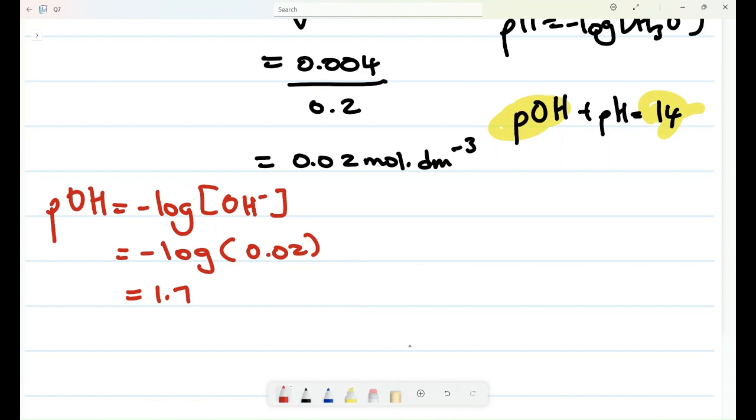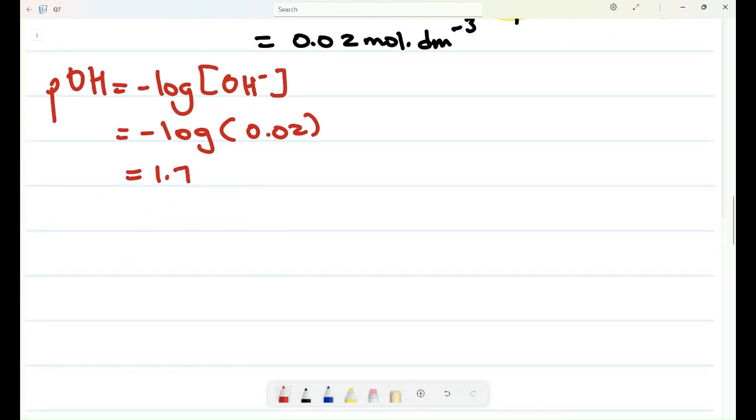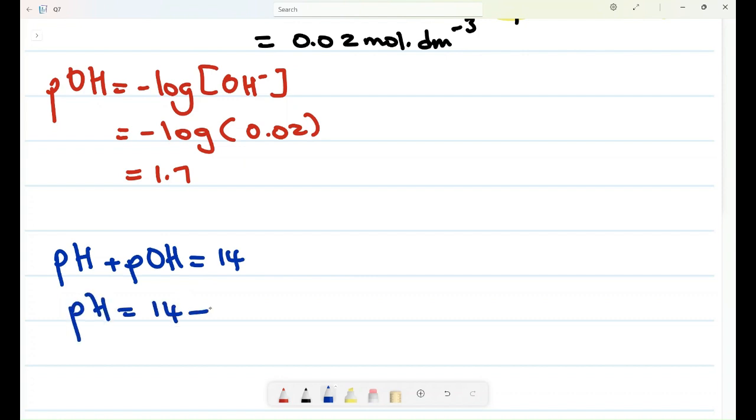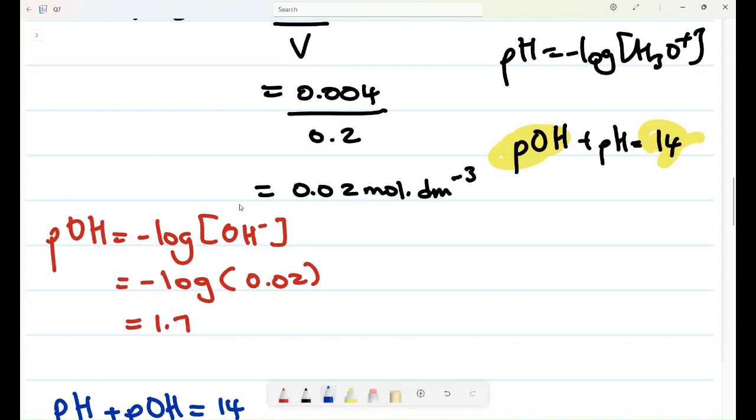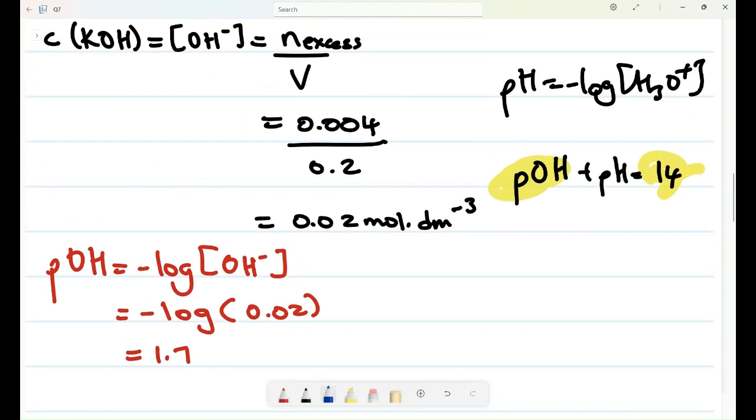So this is pOH, but we are interested in pH. So pH plus pOH is equal to 14. Therefore pH is equal to 14 minus 1.7, which is 12.3. Yes, that's how you are supposed to go about it.